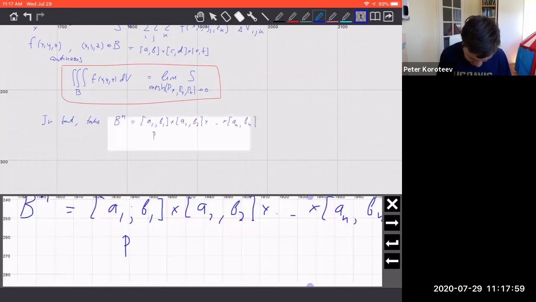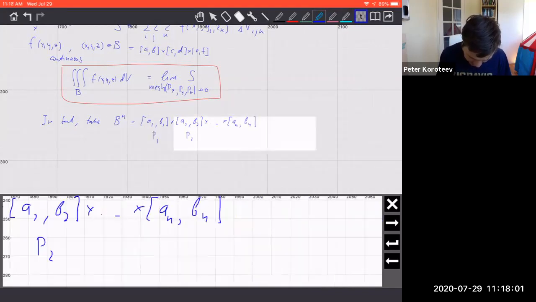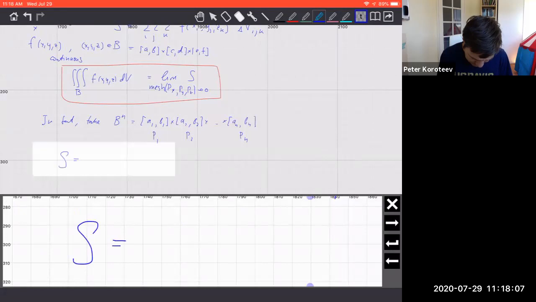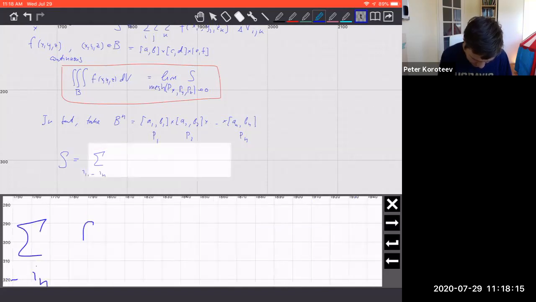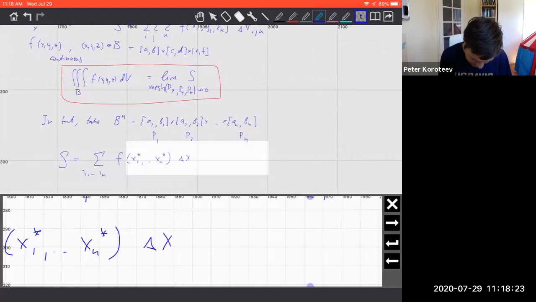So we take partitions P1, P2, and so on, Pn. We construct this big Riemann sum, which is the sum over all indices i1 through in of a function of n variables, x1 star through xn star, multiplied by delta x_{1,i1}. I need to have a double index. Etc., delta x_{n,in}.